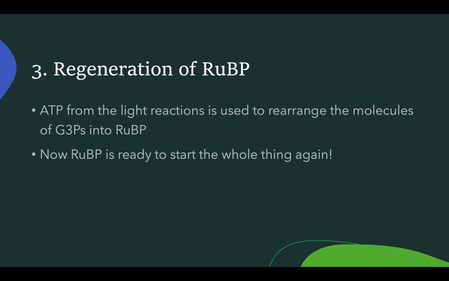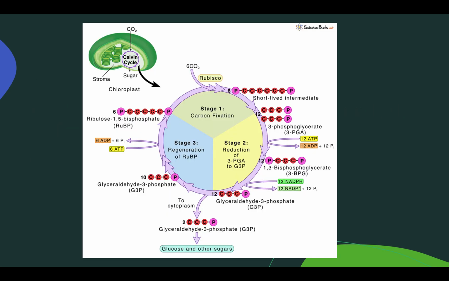And then the whole thing can start again. So looking at the diagram again, we are in the regeneration phase. We're using some ATP. Here's one. You can notice this diagram has 6 CO2 at the top. We're using some ATP to regenerate that RuBP, and then we can start again at stage 1.